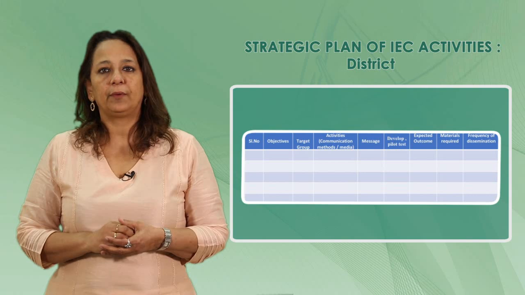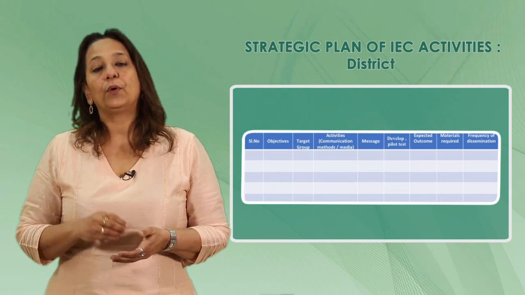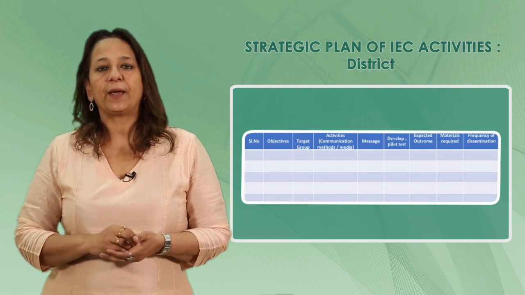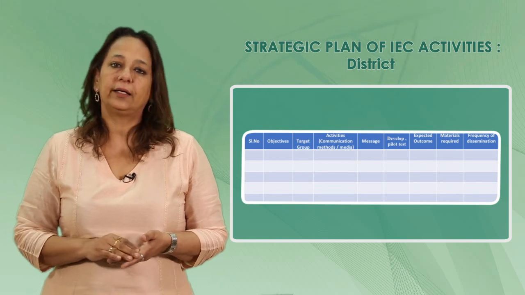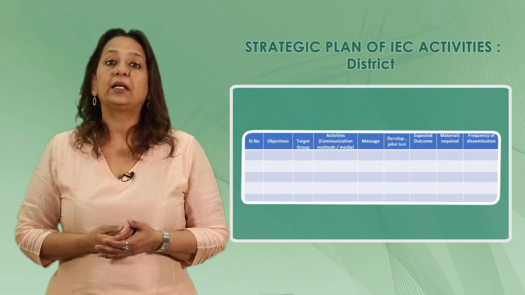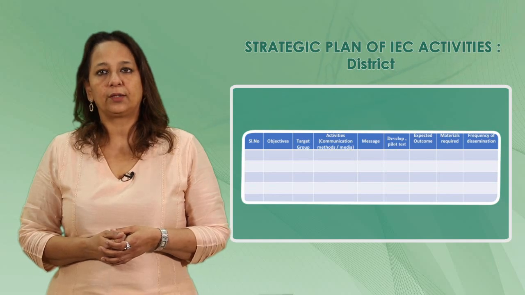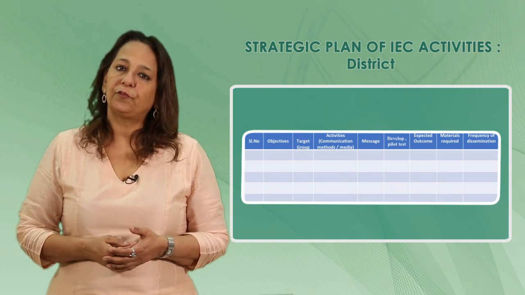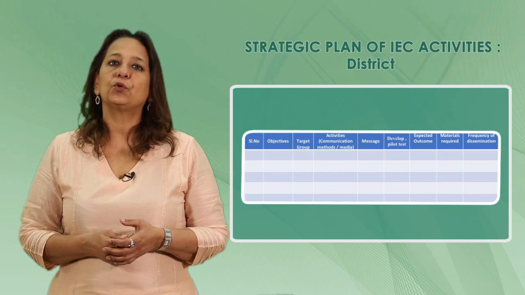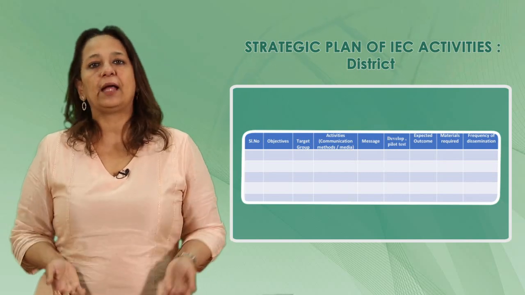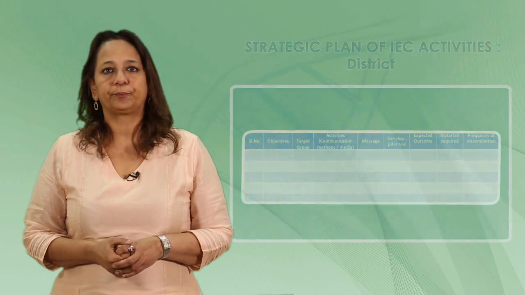You develop and then do a pilot test. What is the expected outcome? The expected outcome has to be very clearly articulated. What are the materials that are required for taking this forward, and what will be the frequency of dissemination? You need to identify all this and put it in the framework over here.